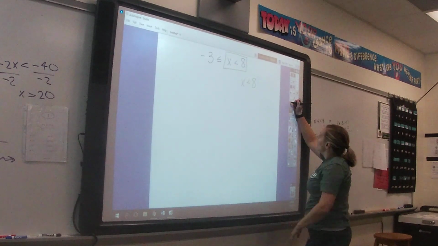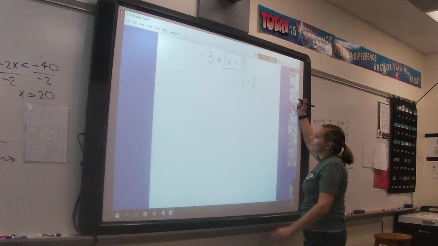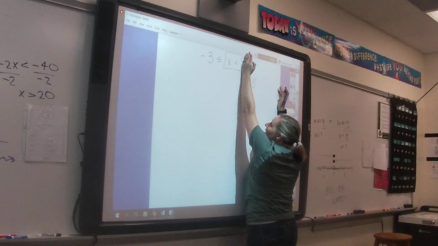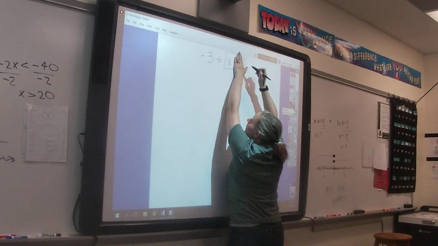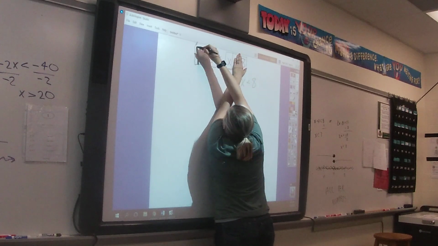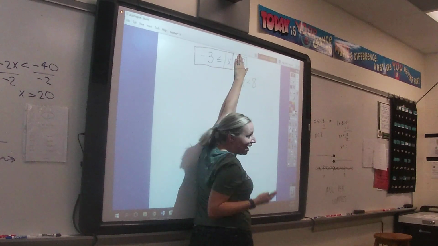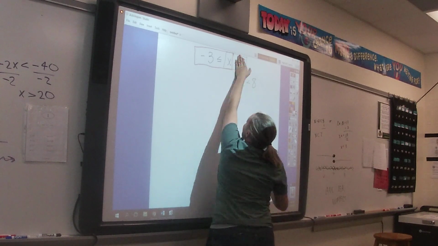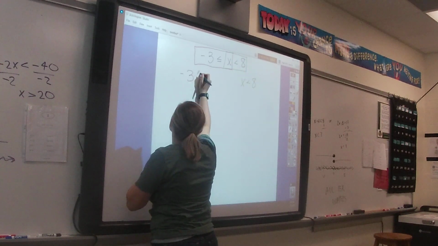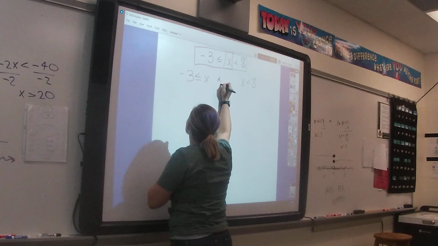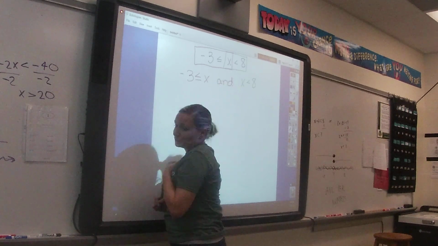My other one is then when I go from the right-hand side to the left. X is in the first one and in the second one. And so I have -3 is less than or equal to x. And flip the sign.